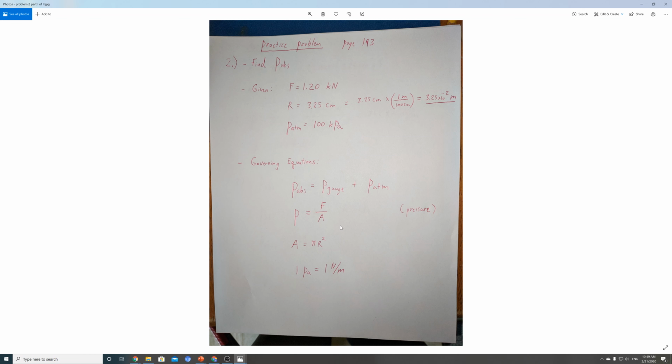And how do we come up with the cross-sectional area of the surface of a piston? It's just the area of a circle, which is pi times the radius squared. And one other thing we'll need is the conversion for Pascal to newtons per meter squared.